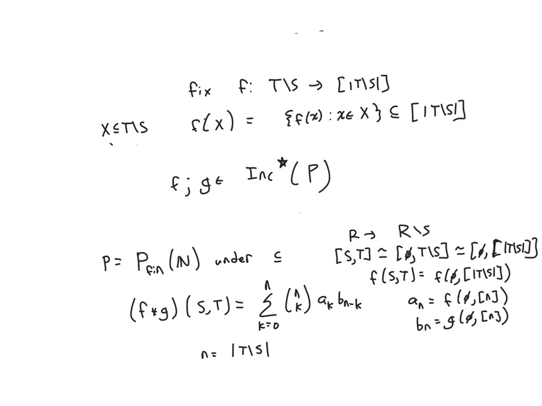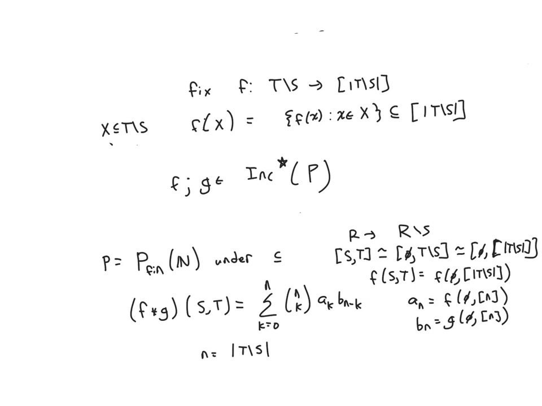Then if you run through the calculations for convolution and you take advantage of this, you'll eventually see that f star g applied to st ends up being this binomial convolution because of this special case. So in particular, you're going to get the convolution for exponential generating functions. And so you see you're sort of generalizing the two different convolutions for generating functions.